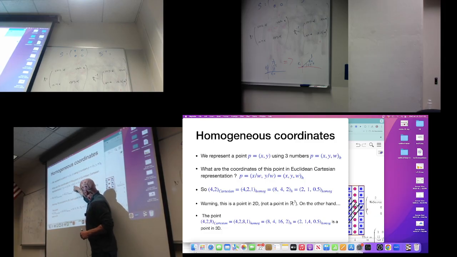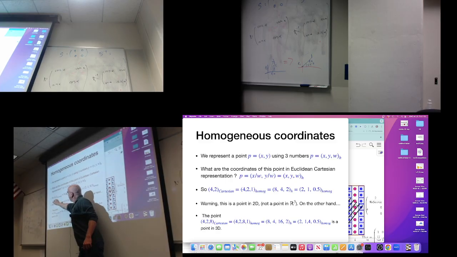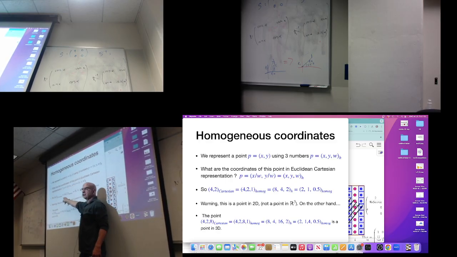To understand what this point in 2D means, if it's in homogeneous coordinates, I'll do this exercise. Take the last one, that's your w. 8 divided by 2, giving you 4. And 4 divided by 2, giving you 2. So it's the same point, 4, 2, 1.